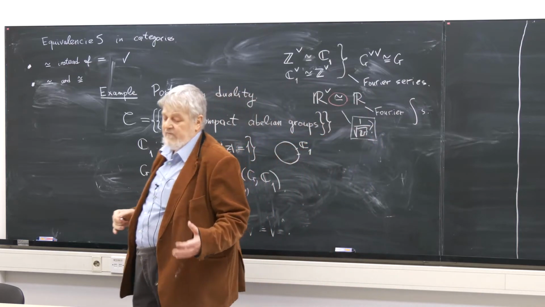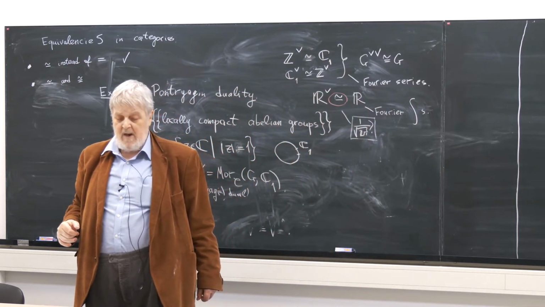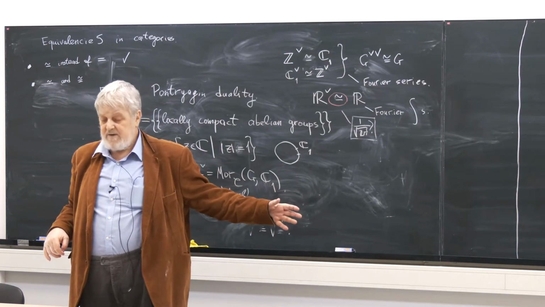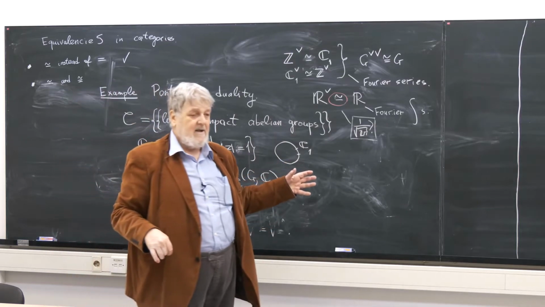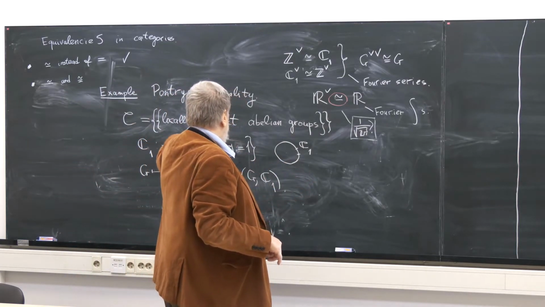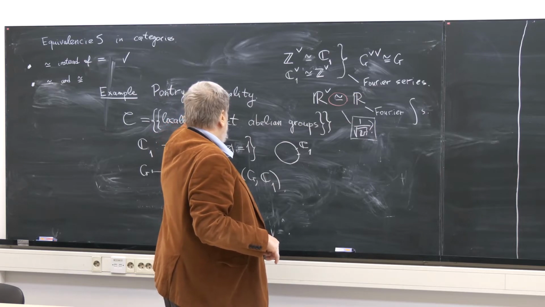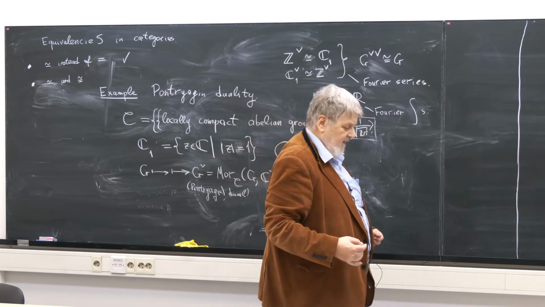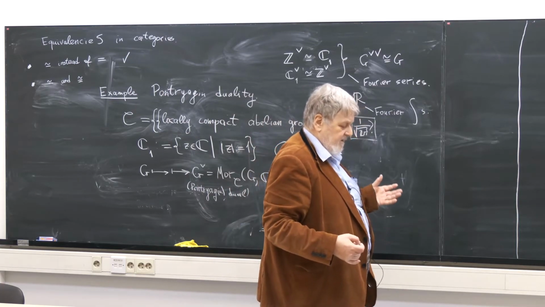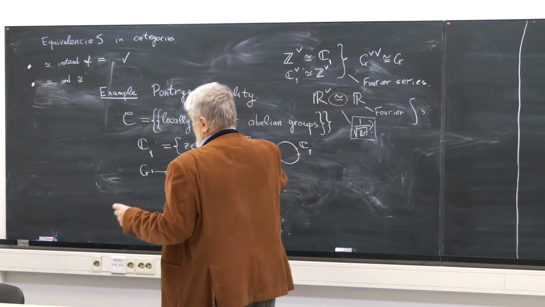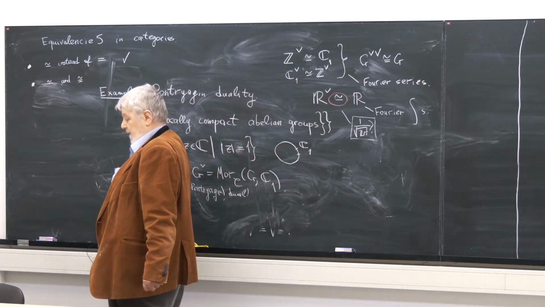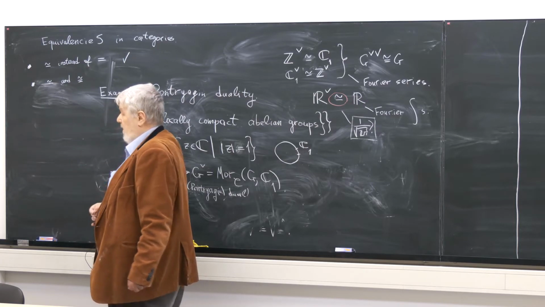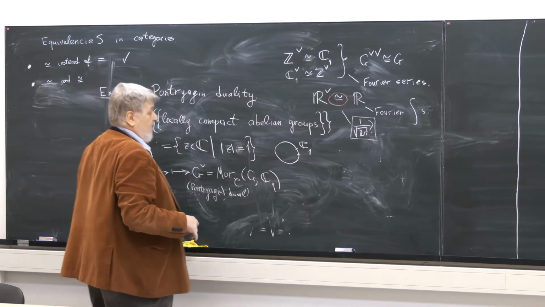Well, the inversion formula for the Fourier transformation is exactly the self-duality of R, and the second is the fact that taking Pontryagin dual is the anti-equivalence of the categories.